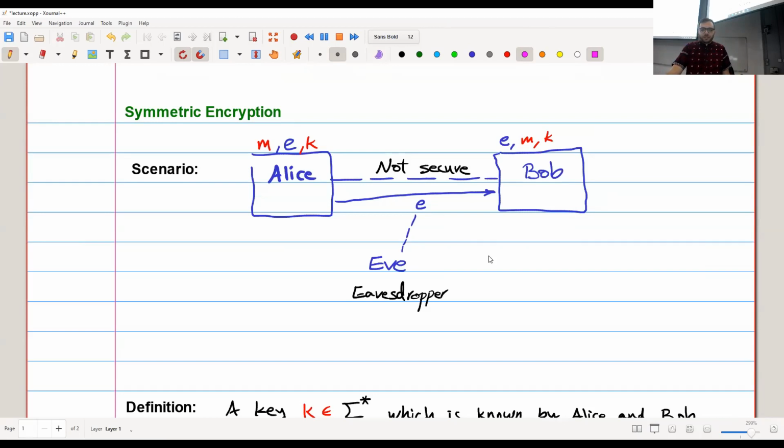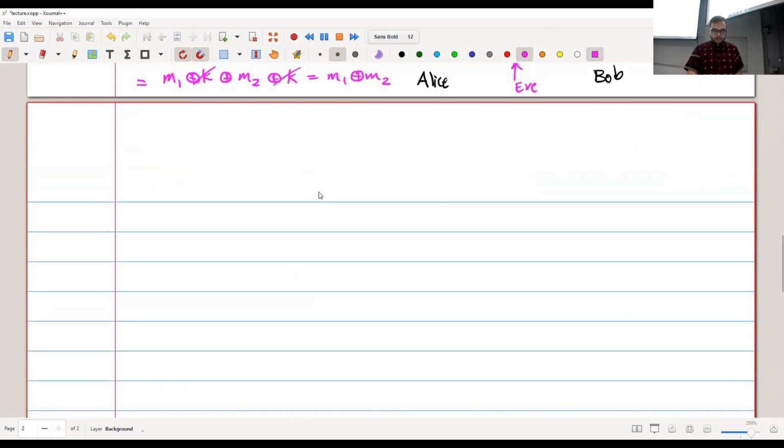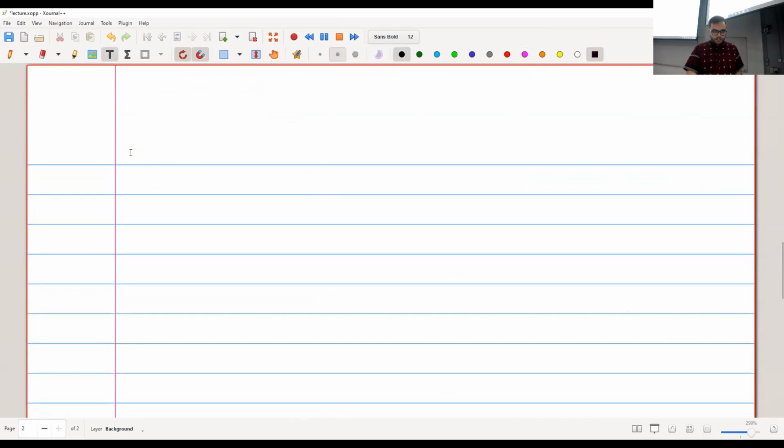Now, a naive idea would be to say, just use your password as the key. But then the problem with that is we cannot reuse our keys. So I can use my password for only one message. I have to actually find a way to create a shared key when there is no shared key. And that's what we call a key exchange.